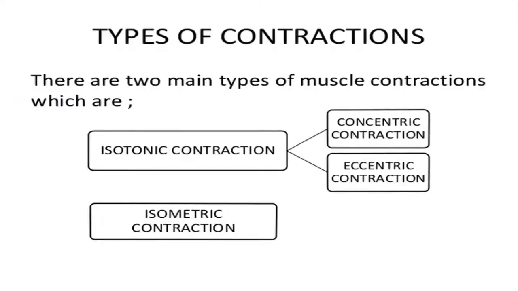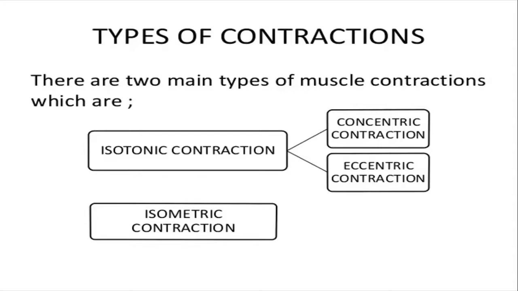Now let's discuss the different types of contraction that occur in the muscle. One is isotonic contraction, another is isometric contraction. In isotonic contraction, the tension in the muscle remains constant while the length of the muscle changes.